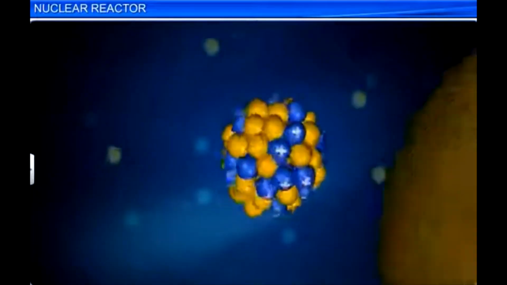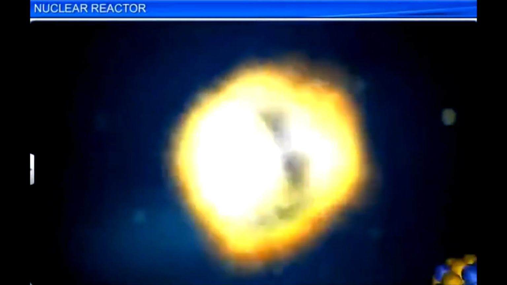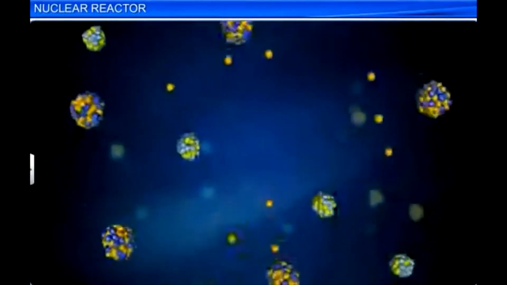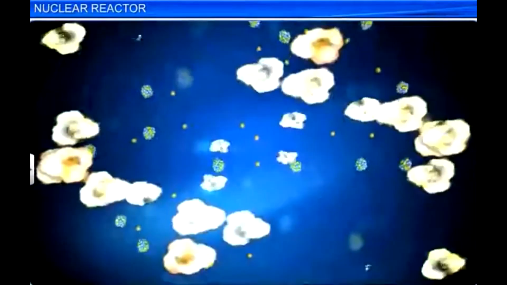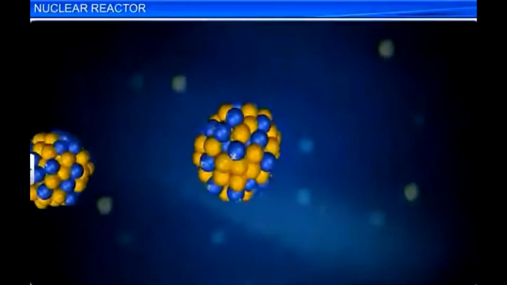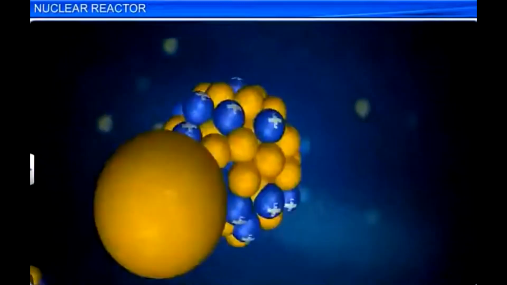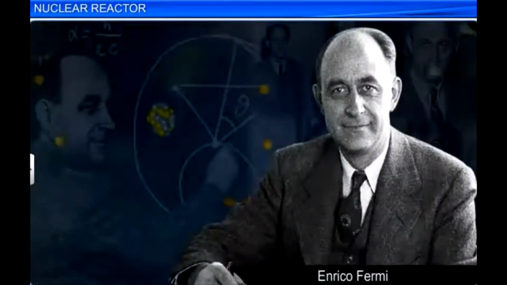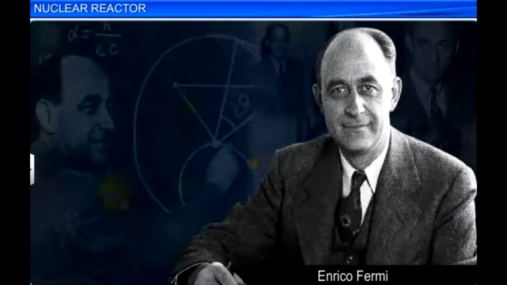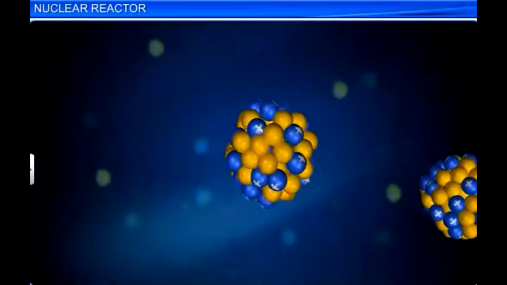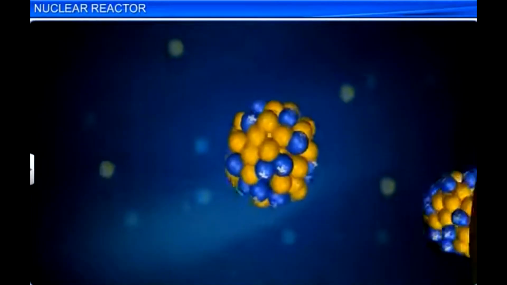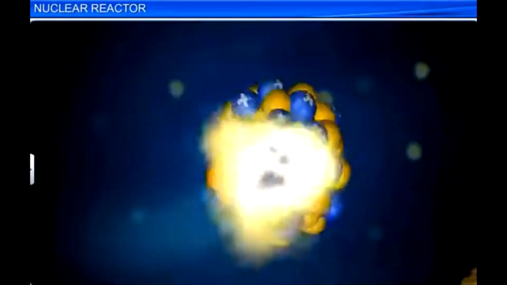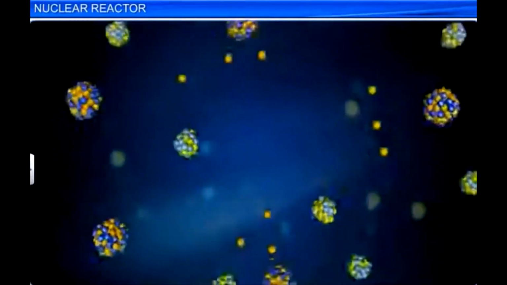In this manner, a chain of uranium fission reactions take place in a very short interval of time, thereby releasing an enormous amount of energy. This is called a chain reaction. It was first suggested by Enrico Fermi. A chain reaction is one in which the fission of a uranium nucleus, once initiated with the absorption of external neutrons, occurs rapidly without the aid of external neutrons.